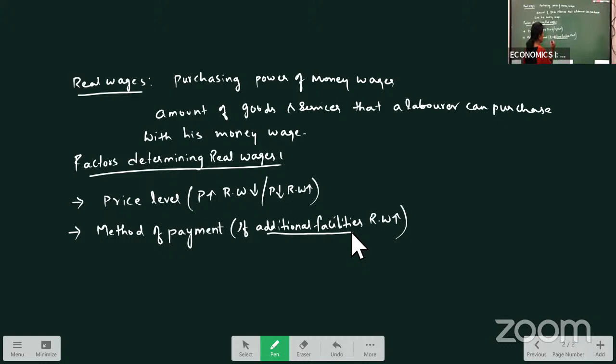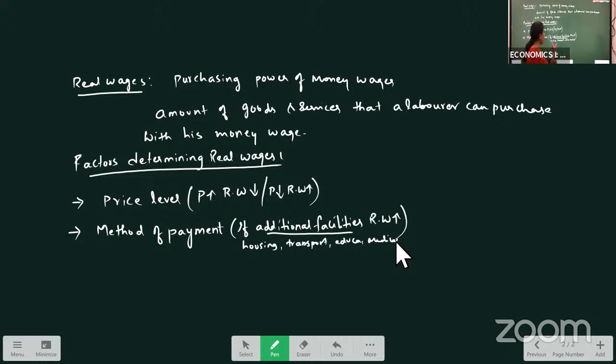Like in some companies, they give housing allowances or transport allowances or education or medical allowances. If all these facilities are included in your money income, means if they are all included in your salaries, then your real wage will be high.